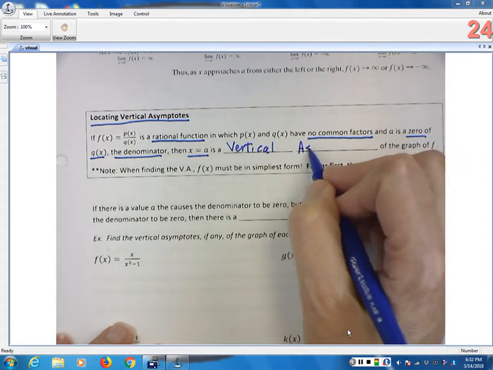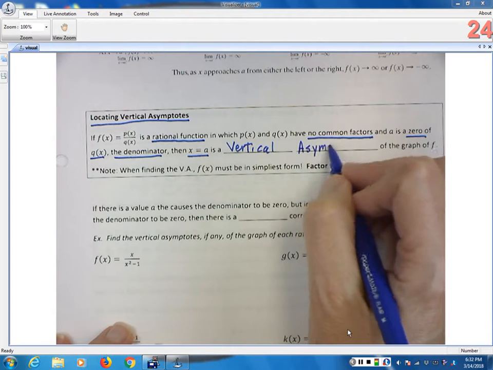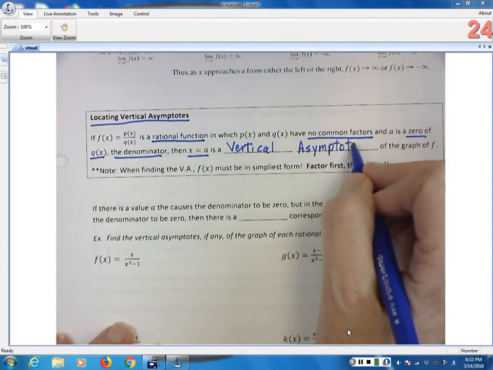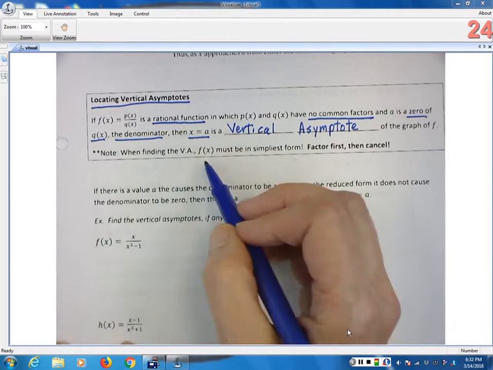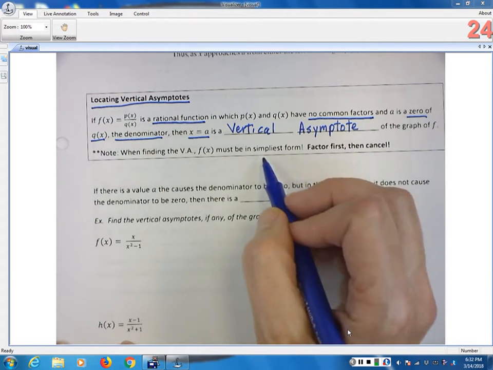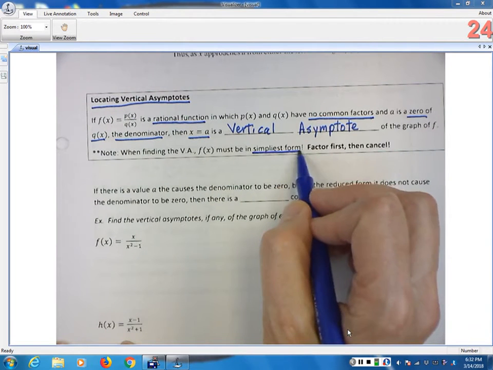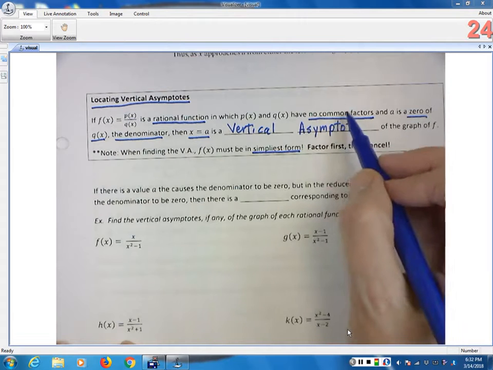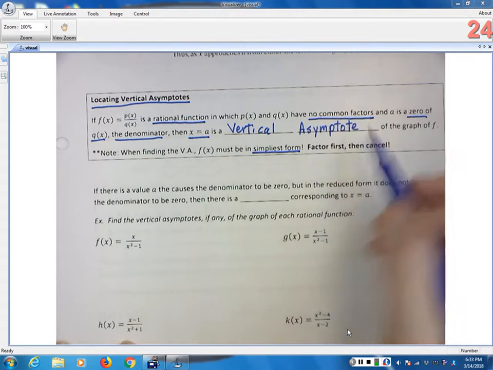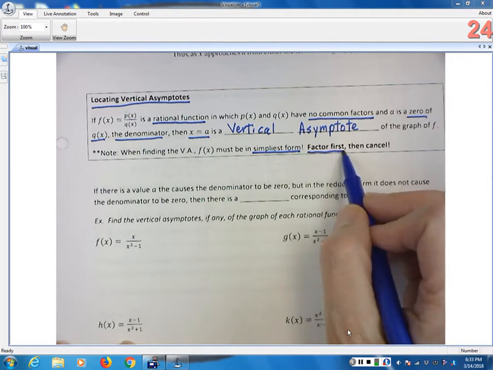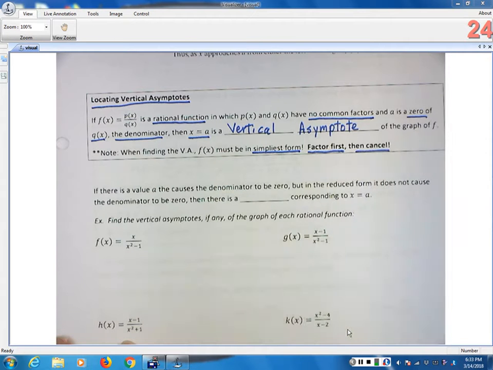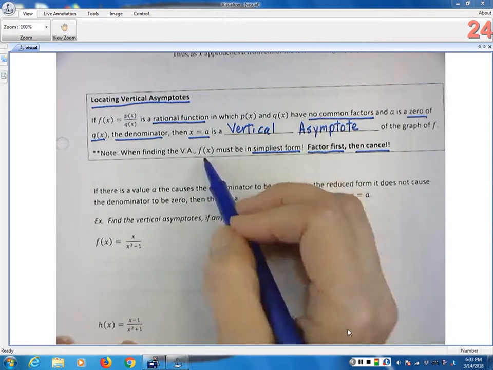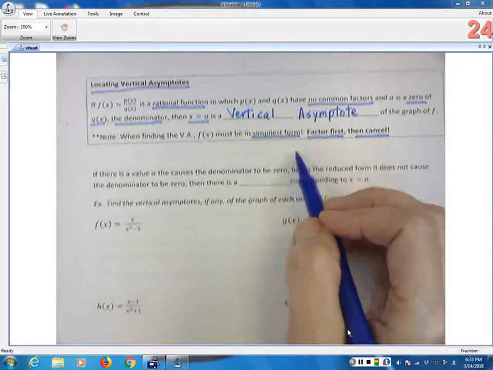We will abbreviate that VA. And when finding your VA, f of x must be in simplest form. So it said there were no common factors, so we need to factor first, then cancel.